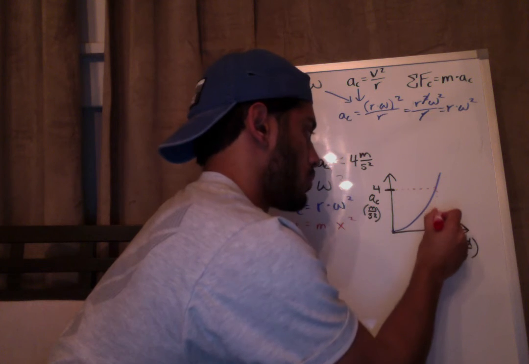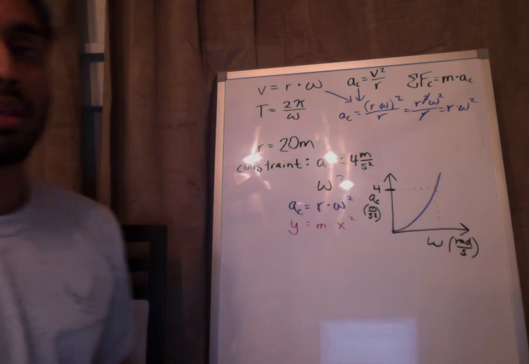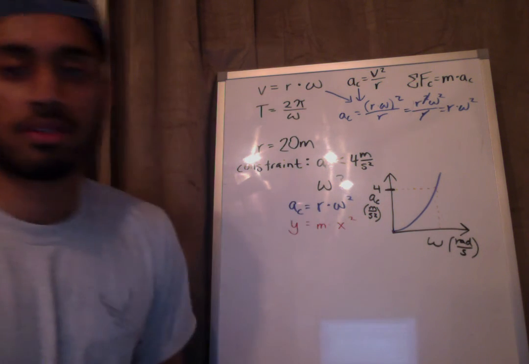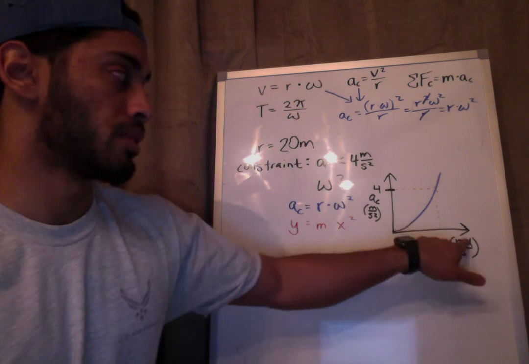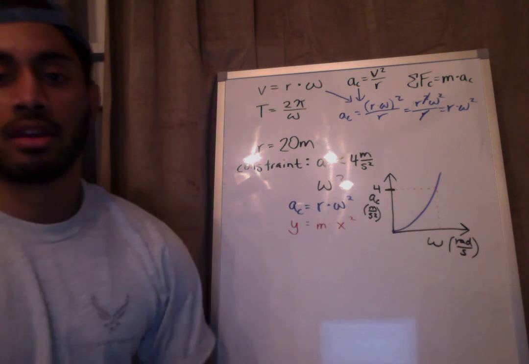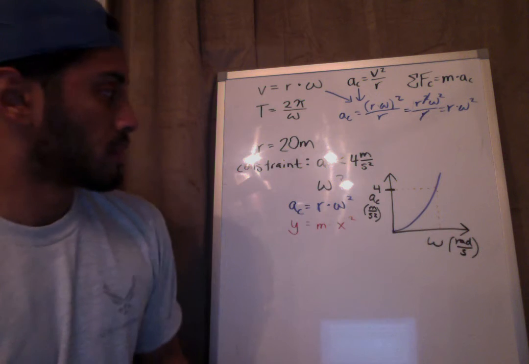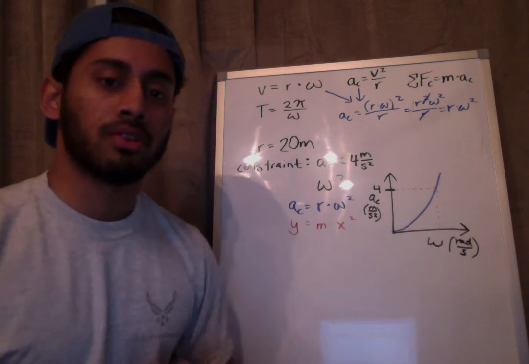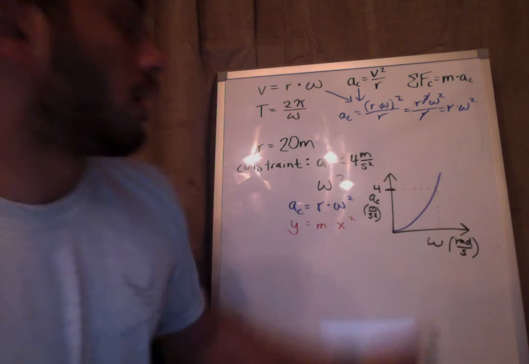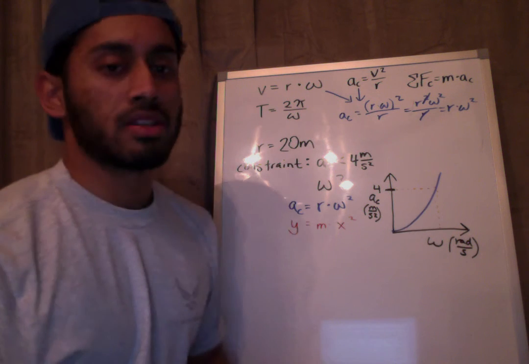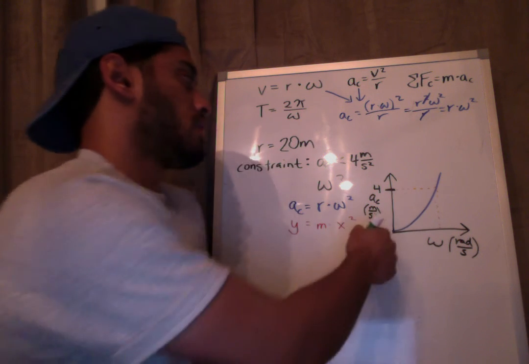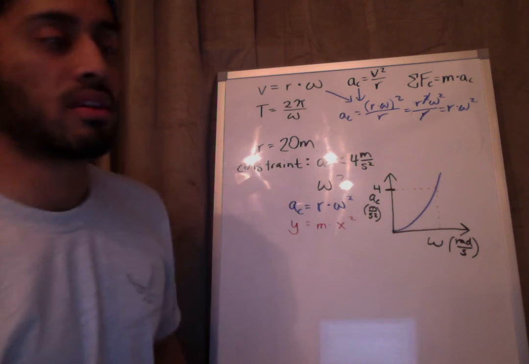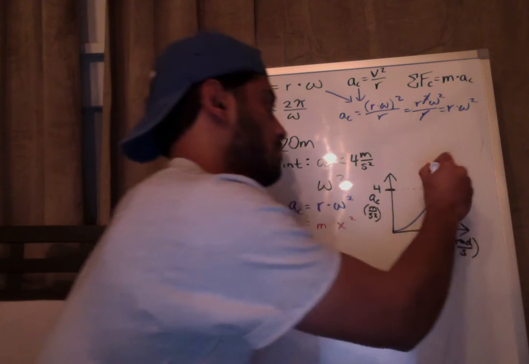So we have to find at what value of omega that happens. And do we want to constrain ourselves to values of omega that are greater than that or less than that? So first think, when you're on a ride, you start off with a low angular velocity. And as you increase your angular velocity, it becomes less safe, and kids start to puke when you get above it.